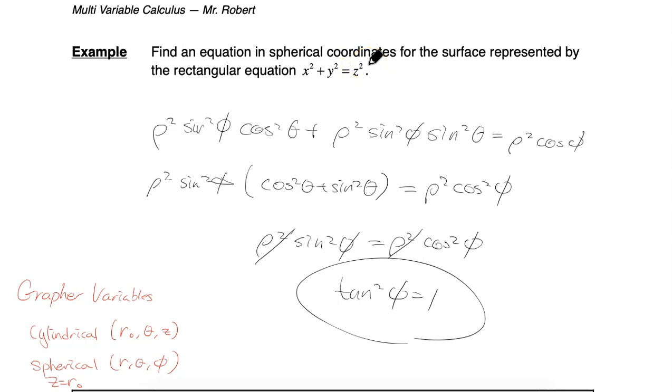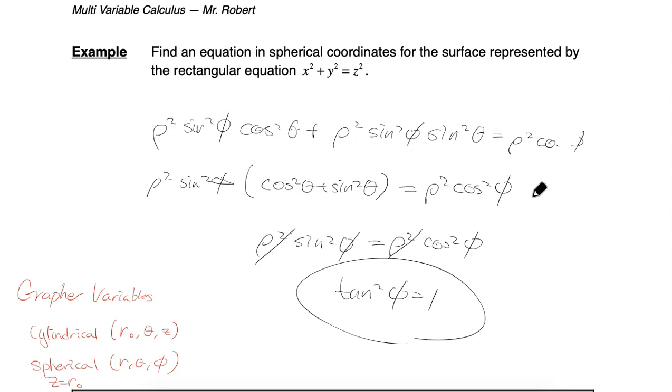And so you put squares everywhere. Then you can factorize and cancel out things. There's another way to solve this problem that leads to cosine squared phi equals 1/2, I believe, which is also correct. So different ways of solving the problem.